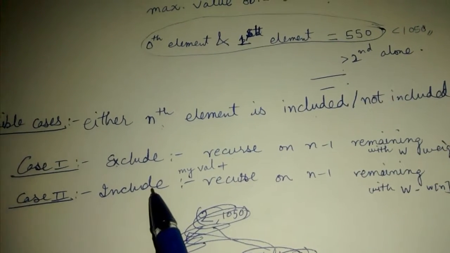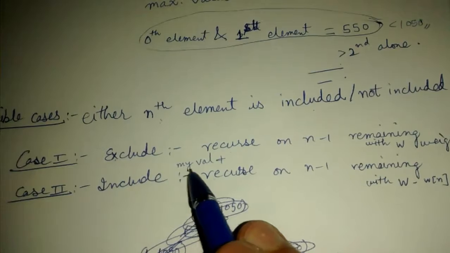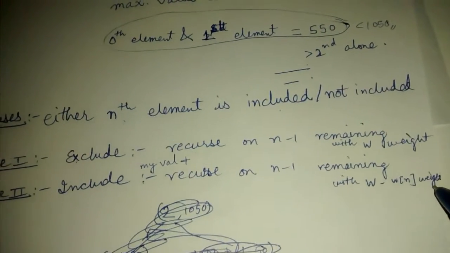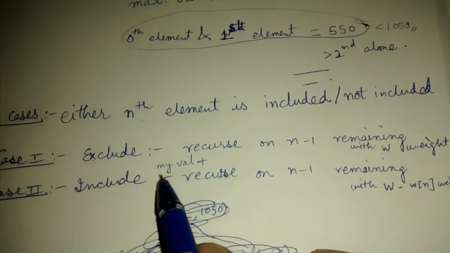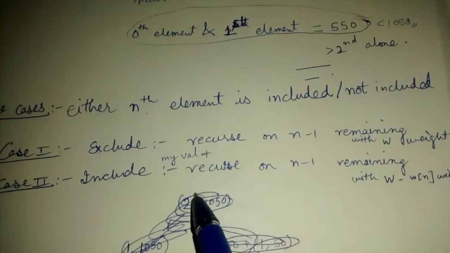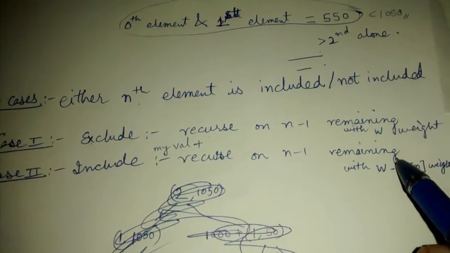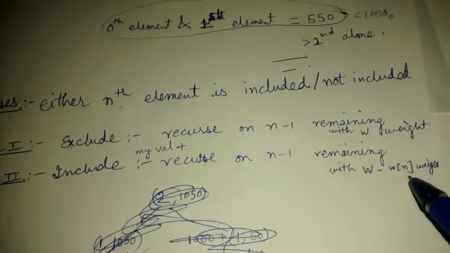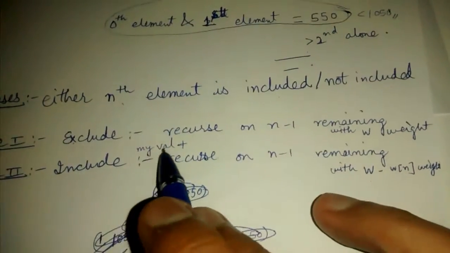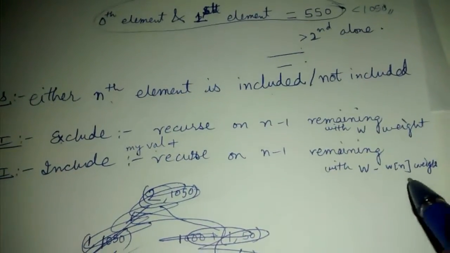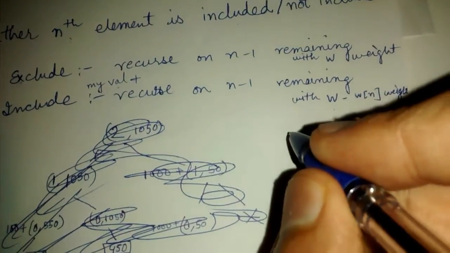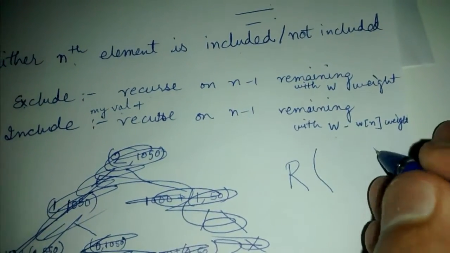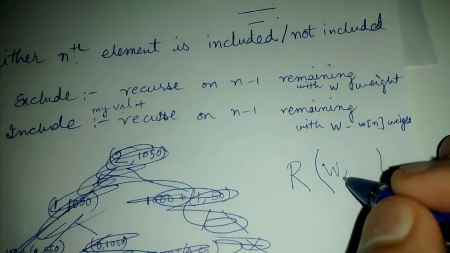If we are including that element, we already have val, that is the value of the nth element. We have achieved this, plus we recurse on the n-1 remaining with W minus Wn. My weight is now taken. I have got my value, but my weight is also taken. So let's say there is a recursive function which takes the elements and the remaining weight.